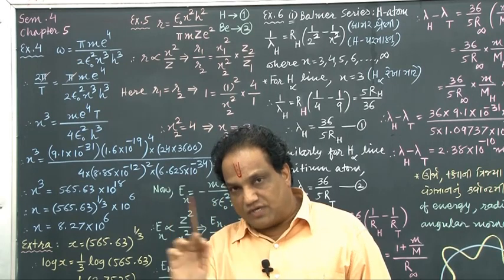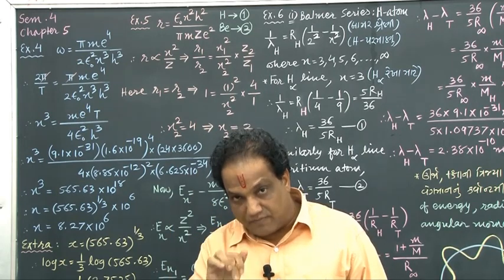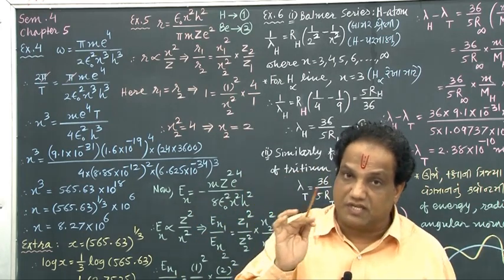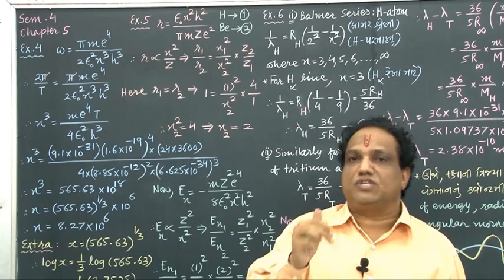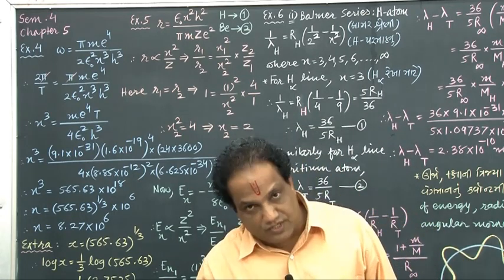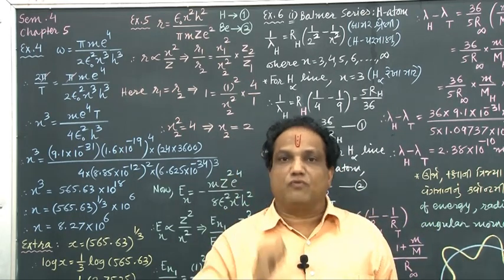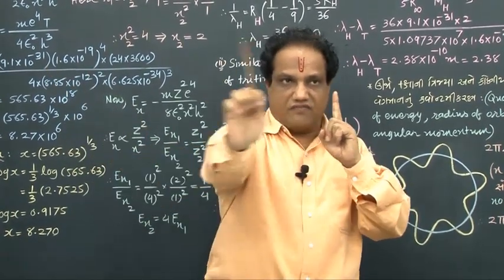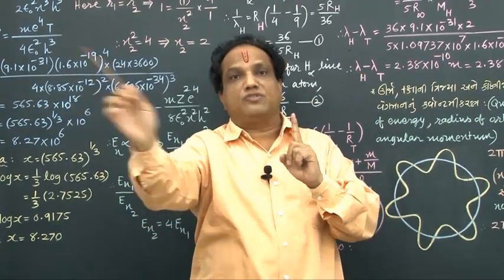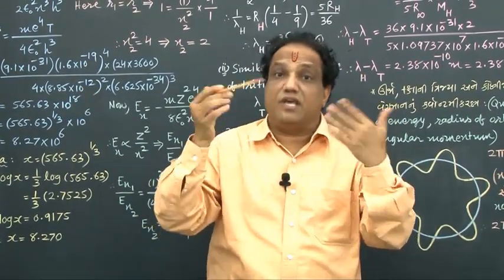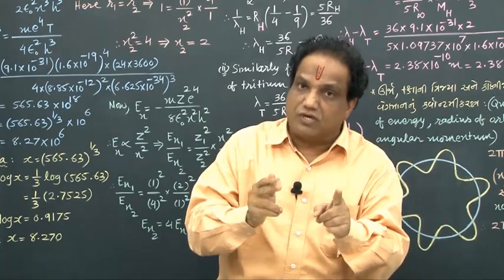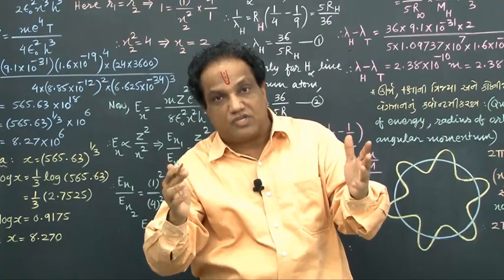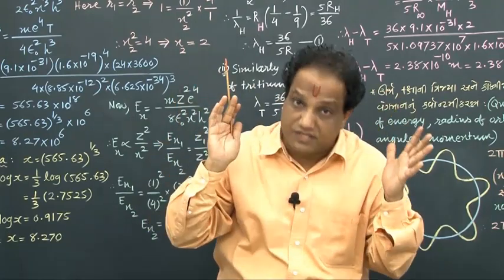Periodic time of revolution at present they have given in the statement equal to periodic time of revolution of geostationary satellite, about which you had studied in second semester. Just recall, what was geostationary satellite? Geostationary satellite is that artificial satellite which revolves around Earth in an equatorial orbit with orbital periodic time just equal to periodic time of rotation of Earth about its own axis.